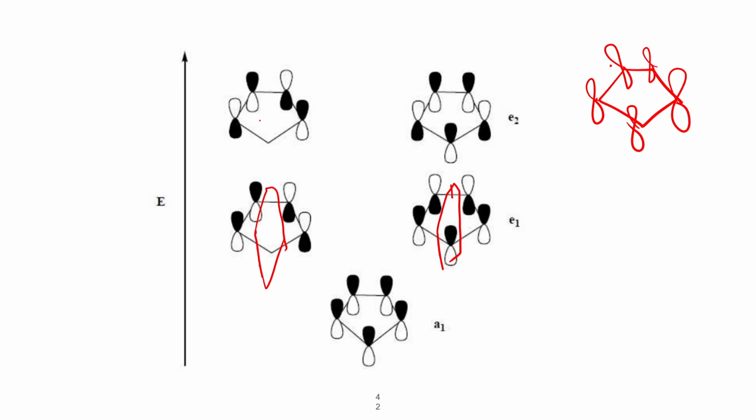Now for this case, you have one nodal plane. By differentiating between the nodal planes, we can decide the energy, and they separate as A1, E1, or E2. The energies of the pair are the same, so they are degenerate, and E2 is similarly degenerate.